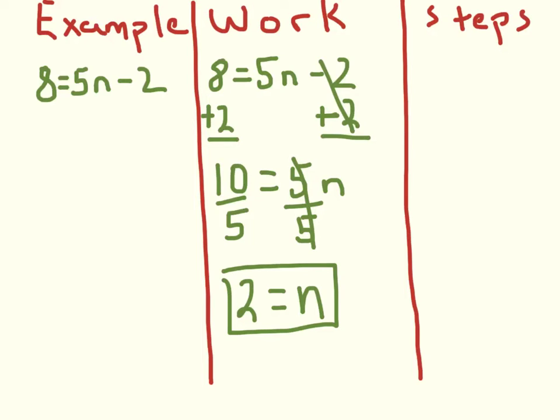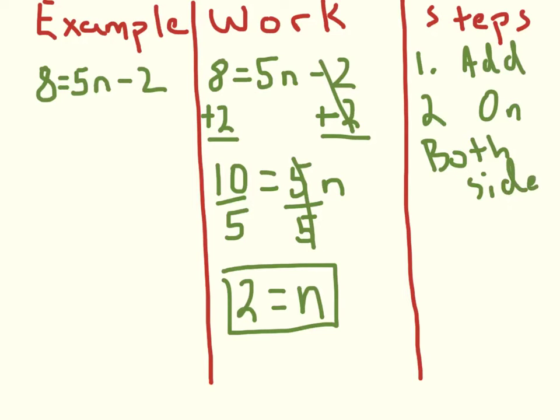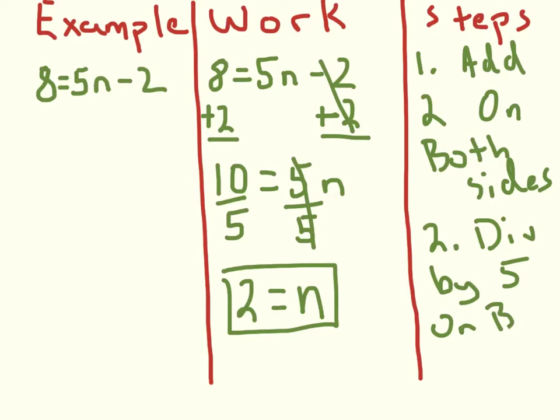So the steps. The first step that I had to do was add 2 on both sides. And then my second step was I needed to divide by 5 on both sides. And then I got my answer.